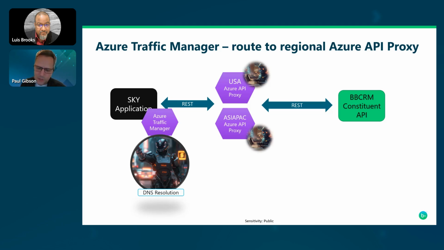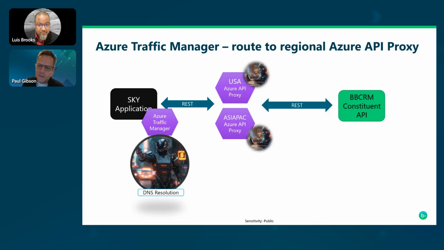So, for example, if we have customers in the Australia region or Asia Pac region, and a client application running in an Australia data center contacts a Blackbaud customer's data in the Australian data center, if that round trip had to come all the way over to the United States and North America and back, even though packets run really quick through these fast networks, it can end up being several hundred milliseconds of latency. And so we deploy a proxy over in the Asia Pac region.